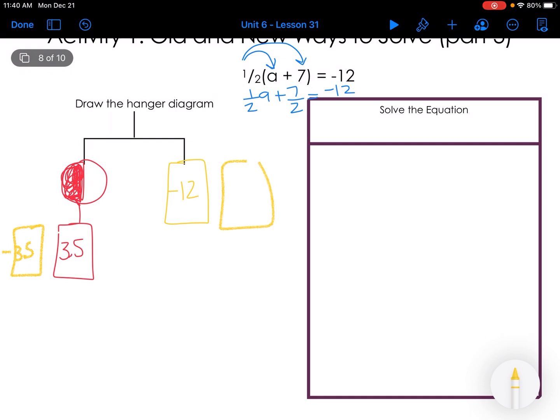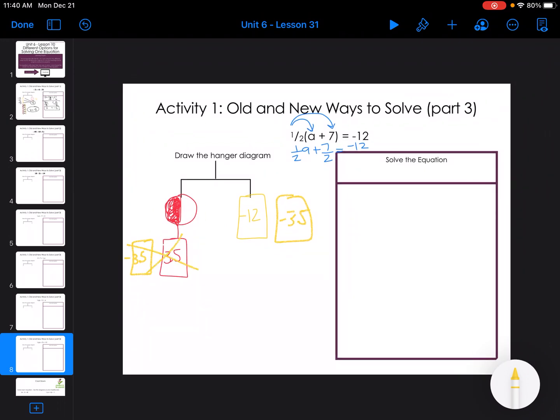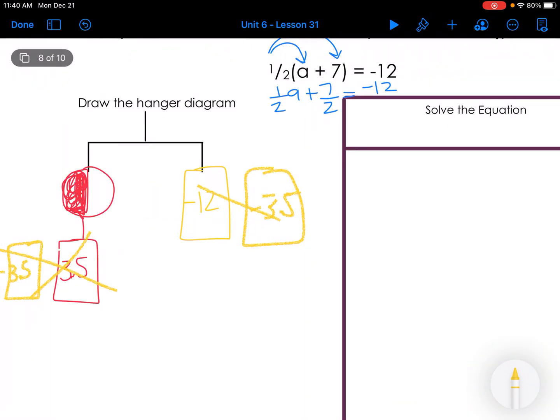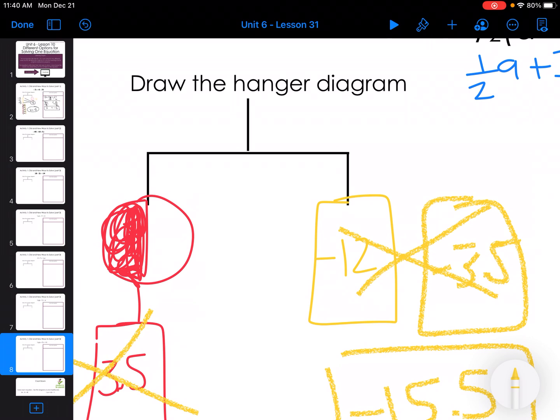So then I'm going to have a negative 3.5, so that zeroes out. And I'm left with a negative 15.5 because the signs are the same, so I can add. So that means this side is negative 15.5, which means this side is going to be negative 15.5.